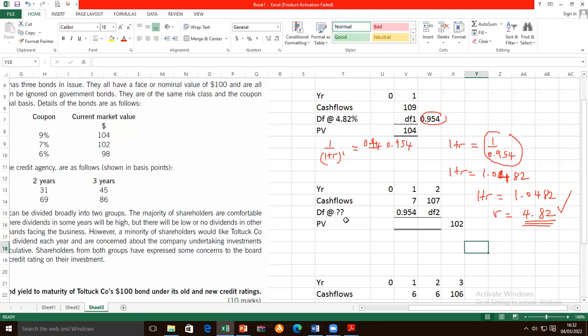Let us come to the second year. Can you find the discount factor here? How do you do that? This one is known. This multiplied by that. So let's also calculate the discount factor here. That plus that gives you 102.